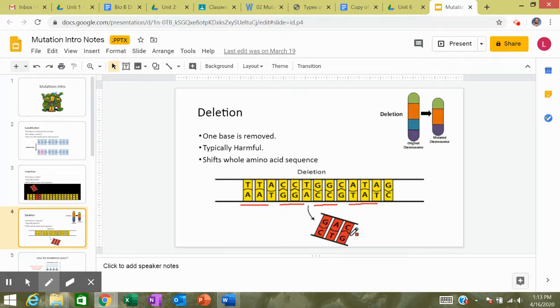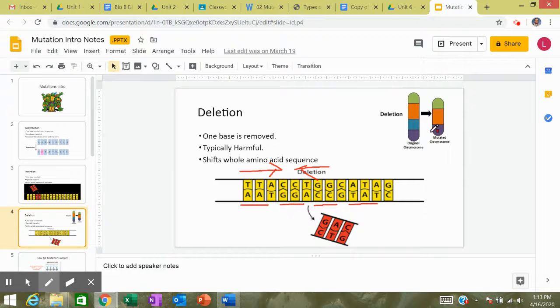If we take three out, the ones that were originally right here, now we're squishing together. So whatever amino acid was supposed to be there, maybe that was a stop codon, maybe that was a start codon, whatever was supposed to be there is now gone.